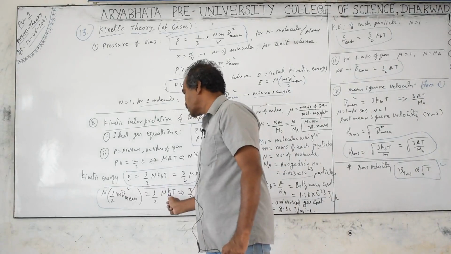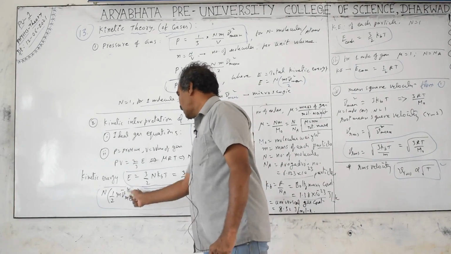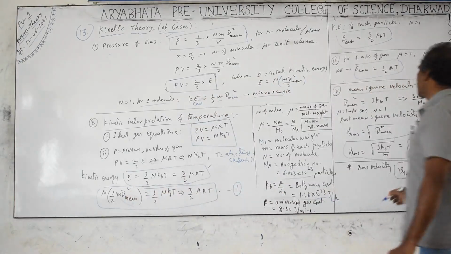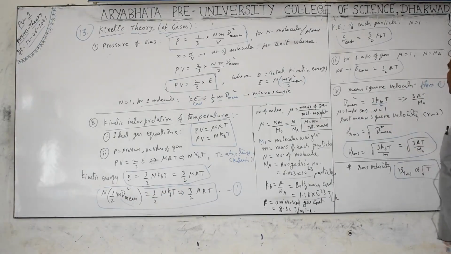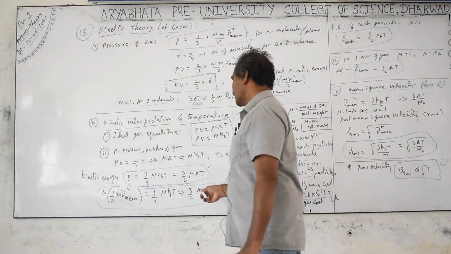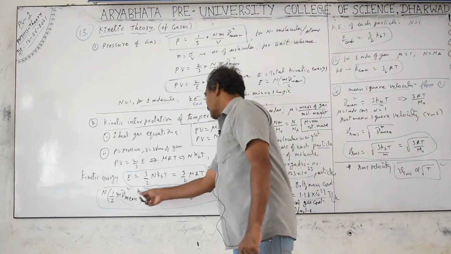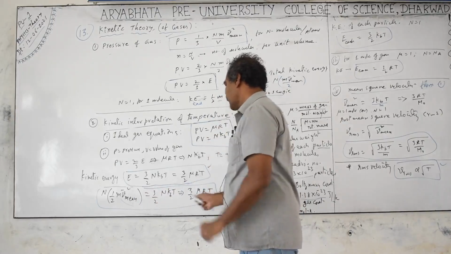If you are working with the Boltzmann constant, then the 2 cancels and N also cancels. So V mean square becomes small m brought to the right side, giving 3 kT by m. And in terms of moles, if you take N equal to Na, you will get V mean square, the 2 cancels, as 3 mu RT by Nm.